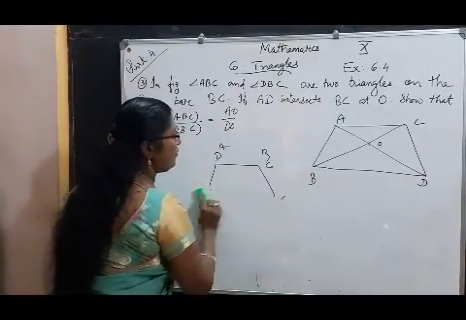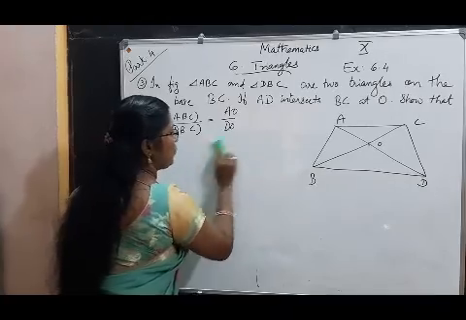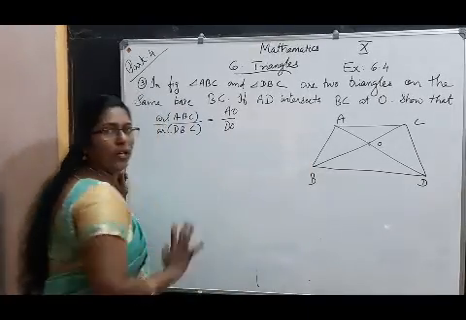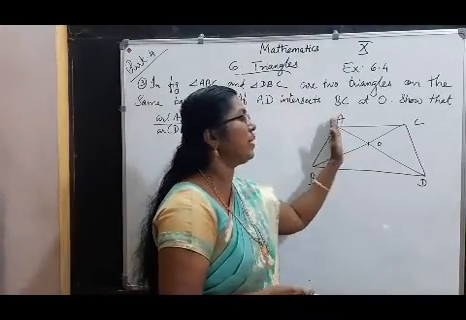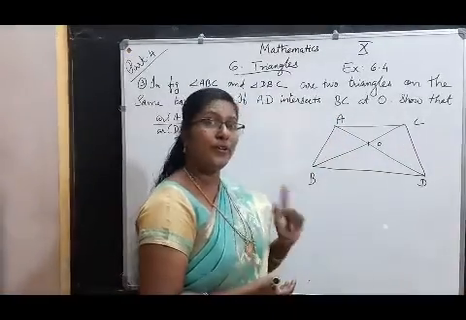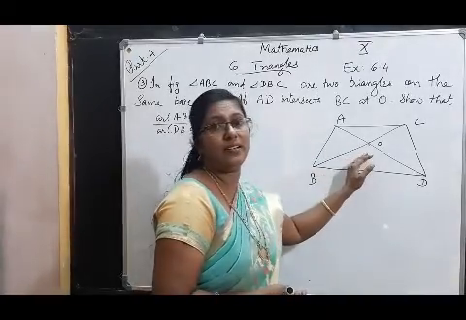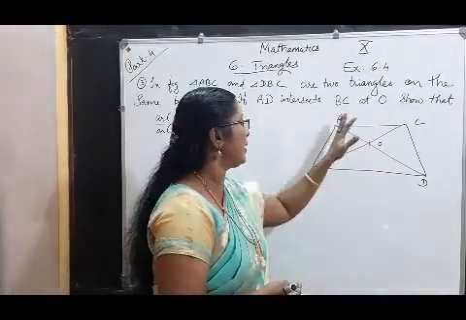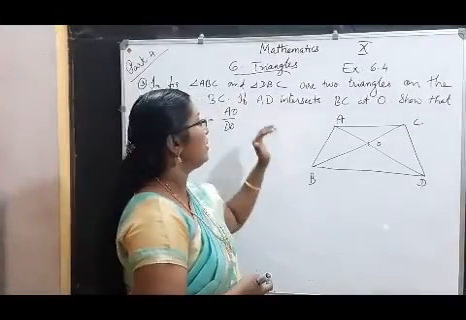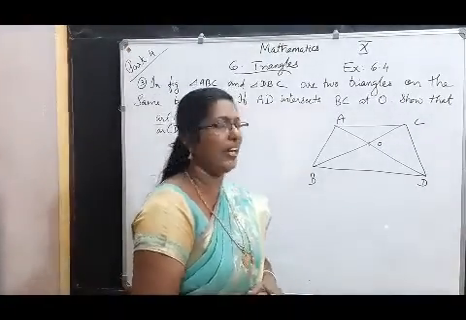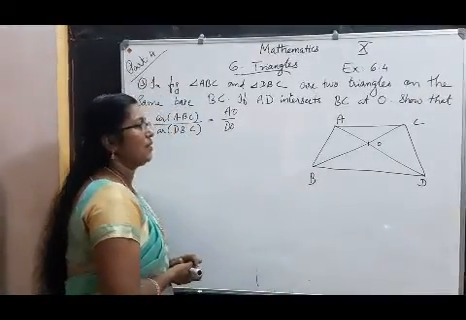In the other figures, when you mark the name, it is taken in an order. You remember only this figure, that is the bracket ABCD. So study this question carefully. It is an important question.